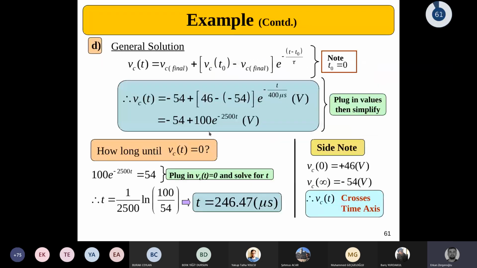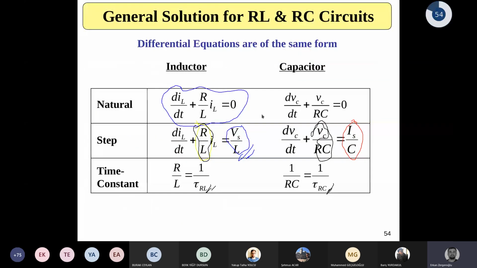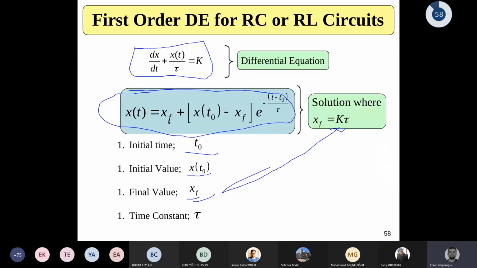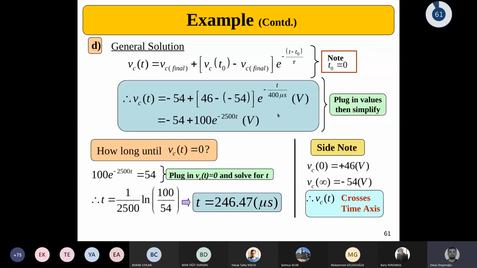Going back to the summary of the natural response, this is the differential equation we need to solve. We have a capacitive circuit, so the final value will be 0. You can use the solution with the final value being 0: x of t0 times e to the (t minus t0) divided by tau. That will be the solution.